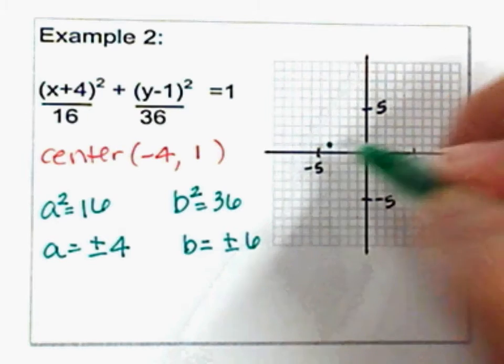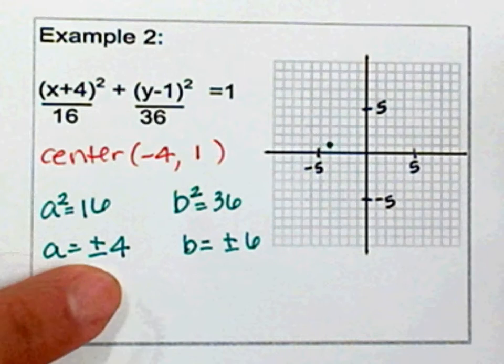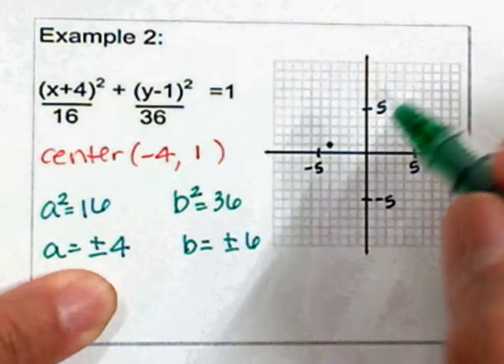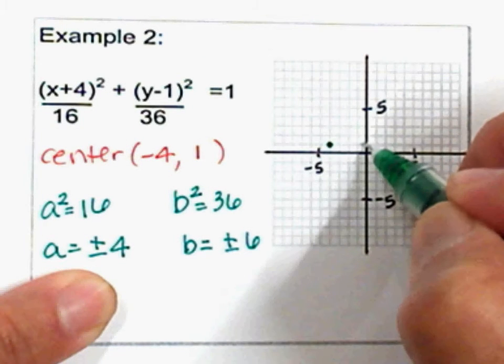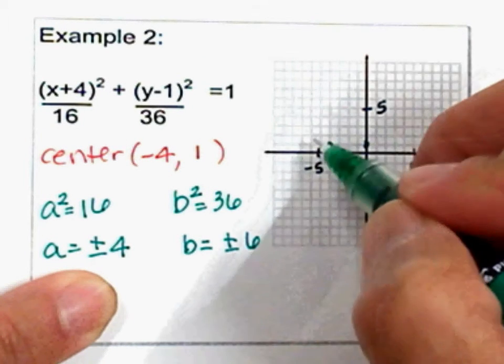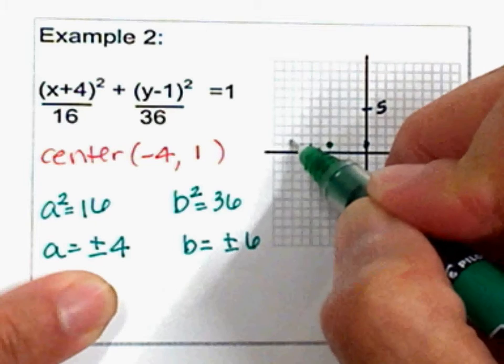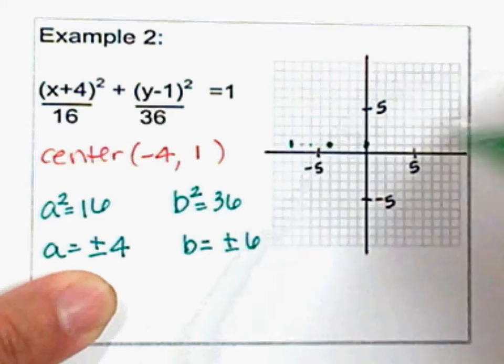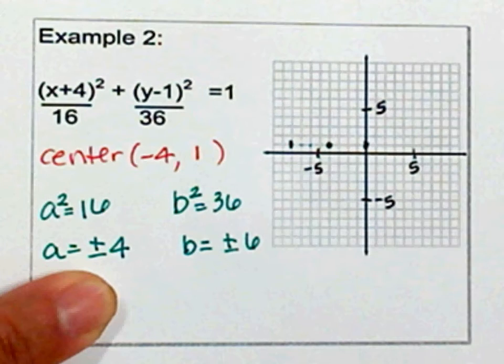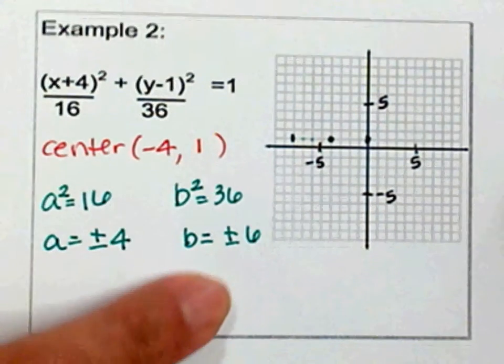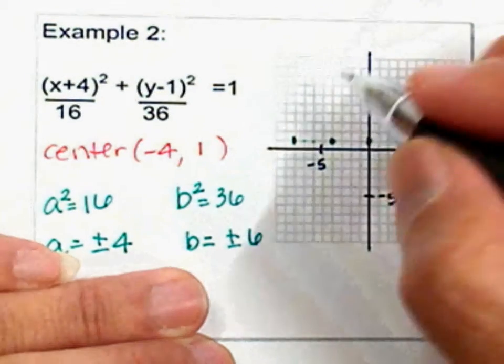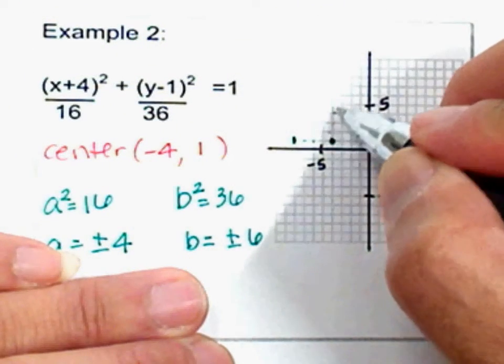From your center, I'm going to go out 4, left and right. 1, 2, 3, 4. 1, 2, 3, 4. This is your center. That's your main point. Your y, your b, I'm going to go up and down 6. 1, 2, 3, 4, 5, 6.